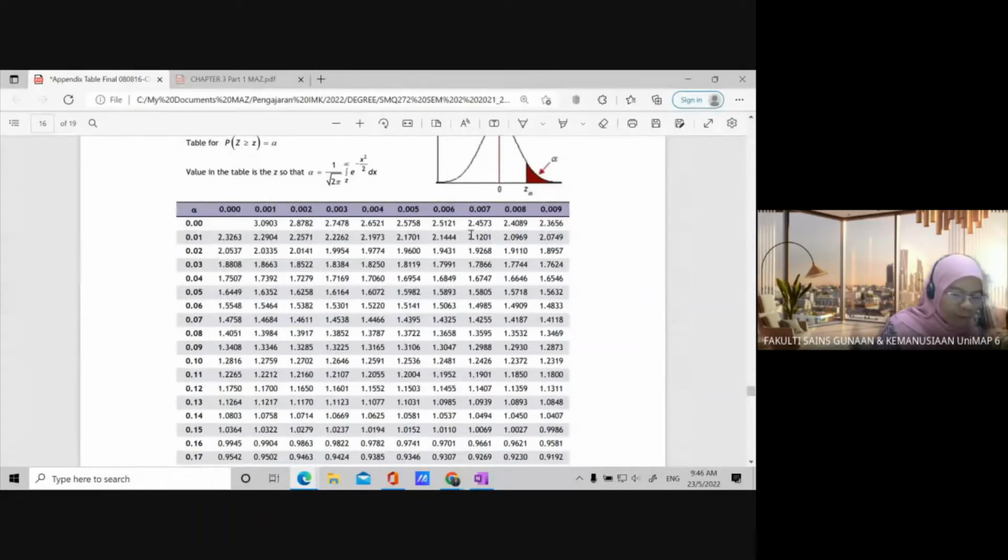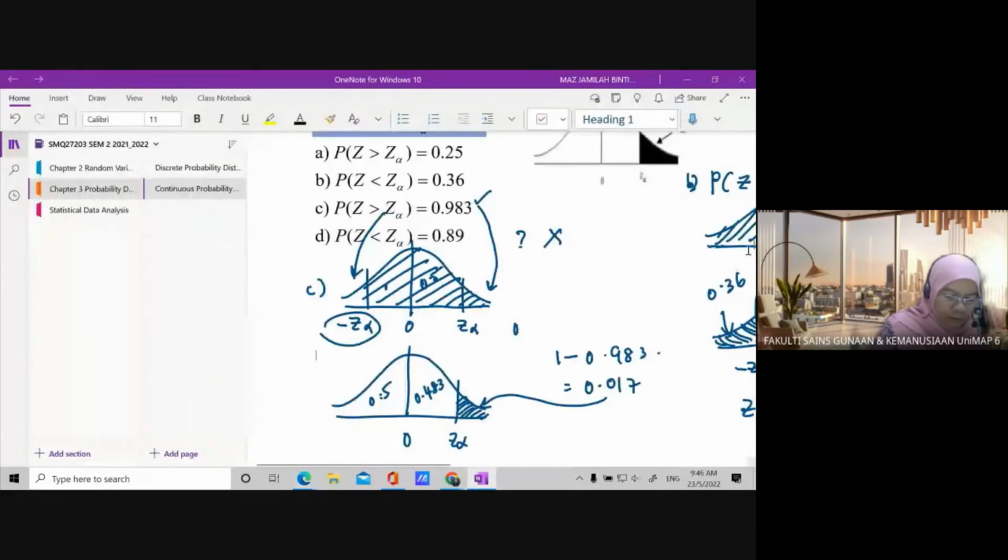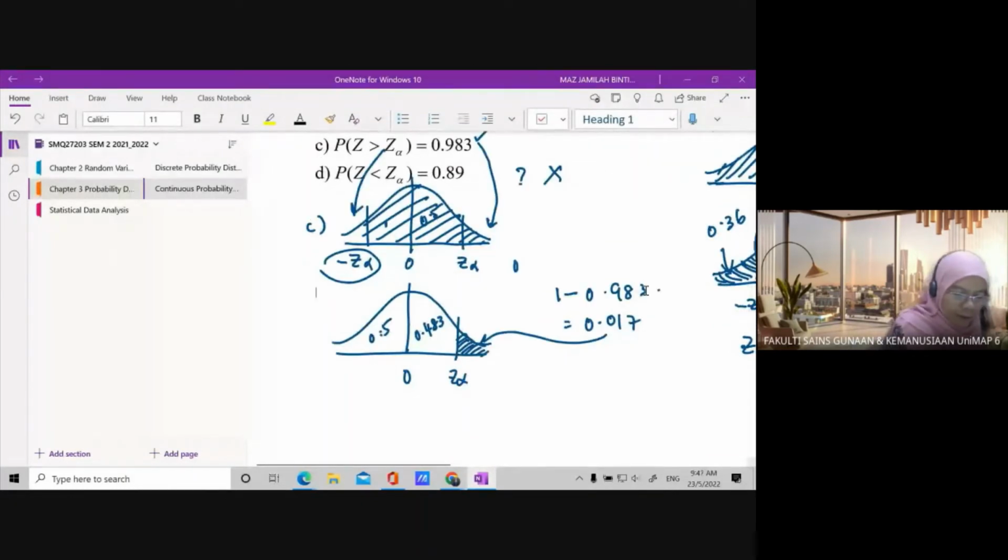Faham ya semua? You got 2.1201. So the Z alpha that you are looking for in this case is negative 2.1201. Okay?